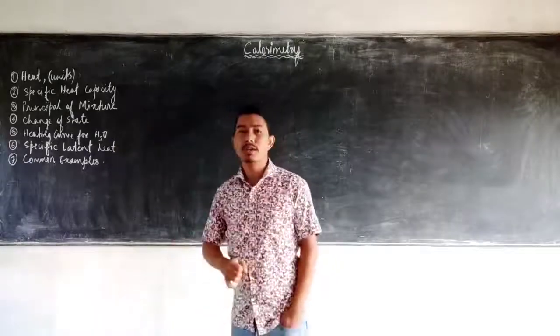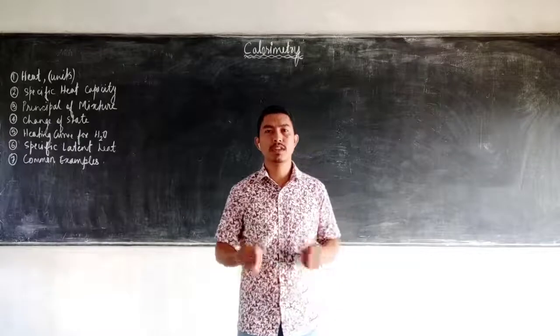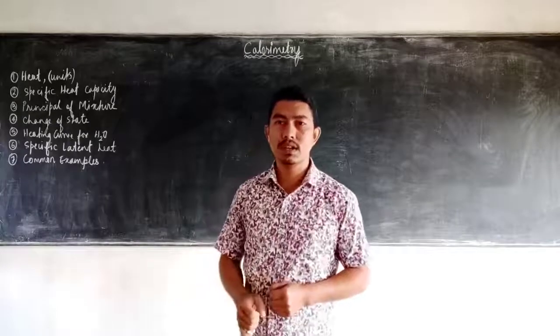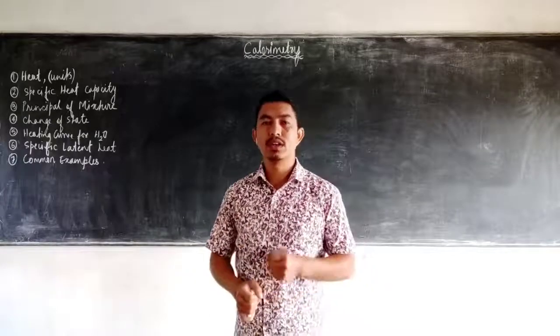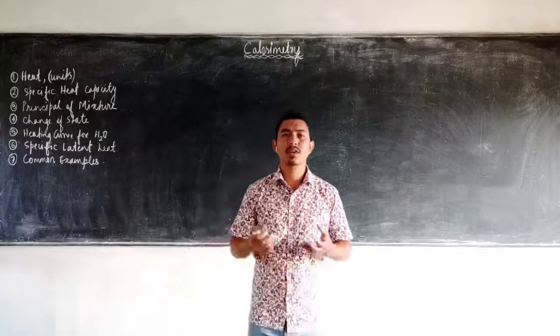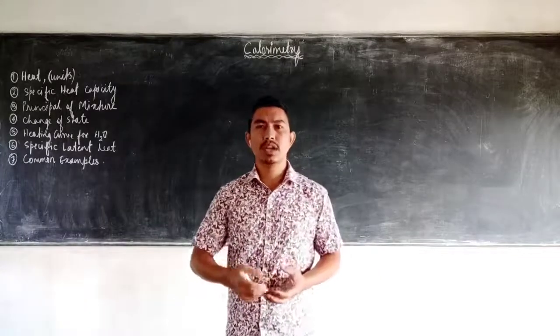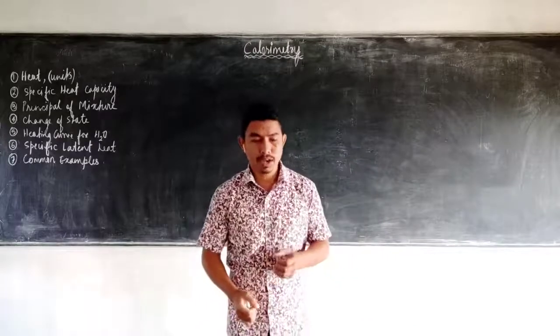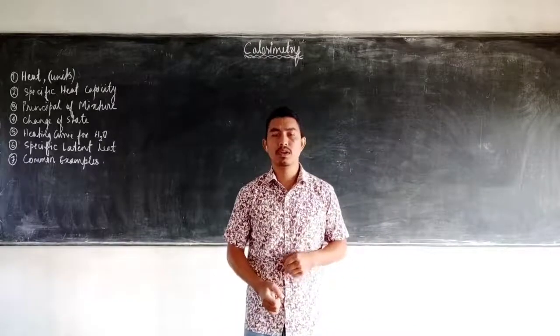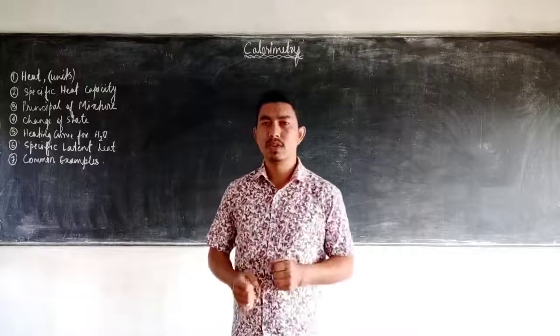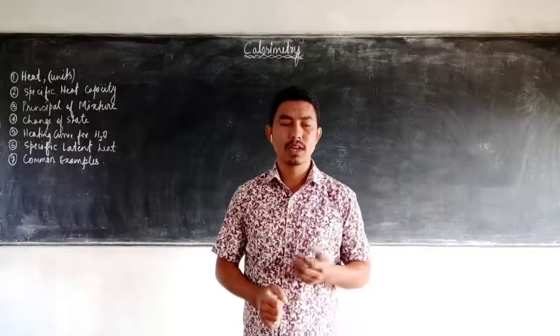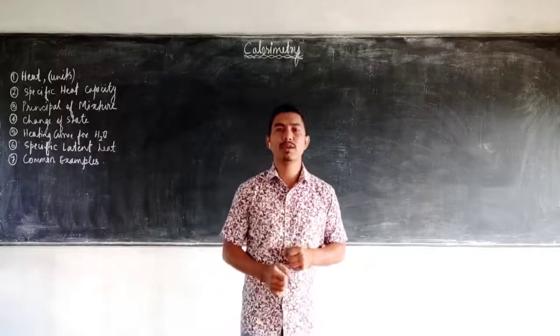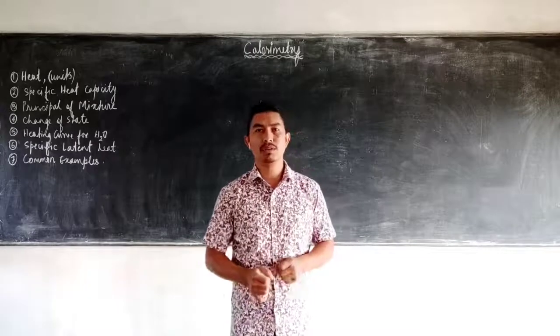Coming to the first topic, heat. What is heat? We have learned that heat is a form of energy. Now, which form of energy? What causes a body to get heated up? To understand that, we have to go back to the molecular or kinetic theory of matter. All matter is made up of small particles known as atoms or molecules.